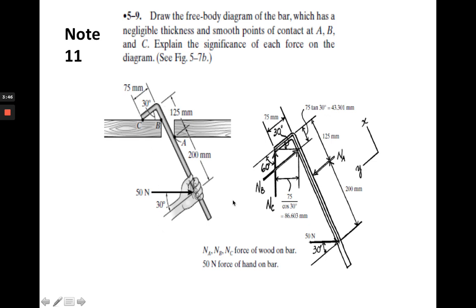One important thing for this figure is you can either use vertical and horizontal for your reference, or you can label your x and y axis, okay. Always remember, your x and y axis must follow the right-handed rule. That is the reason why you cannot assume here y positive, here x positive, because x positive and y positive are according to the right-handed rule, okay.